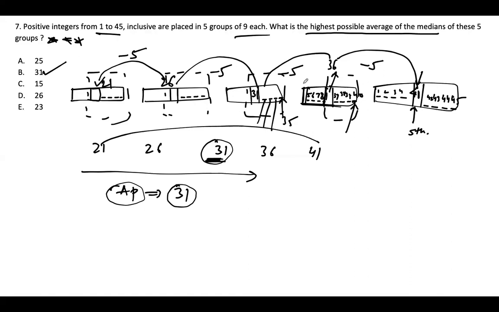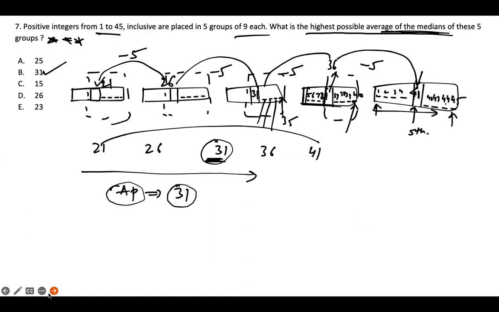I'm not saying each group has 1 to 9, 9 to 18. Here you have 1, 2, 3, 4, then 41, 42, 43, 44, 45. Okay. But then why are we assuming that as well? Because we are talking about median now. Median, increasing, ascending order. Okay.